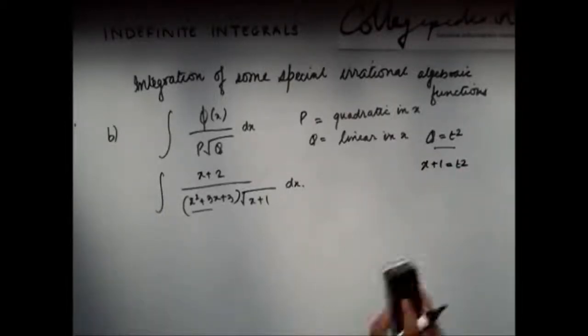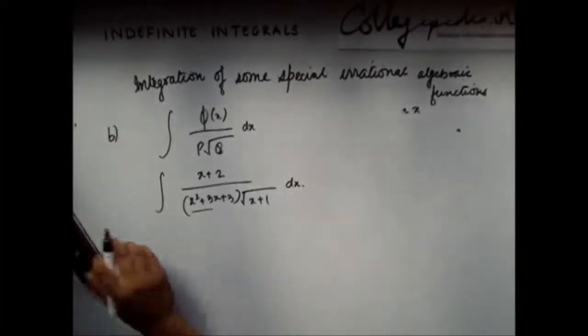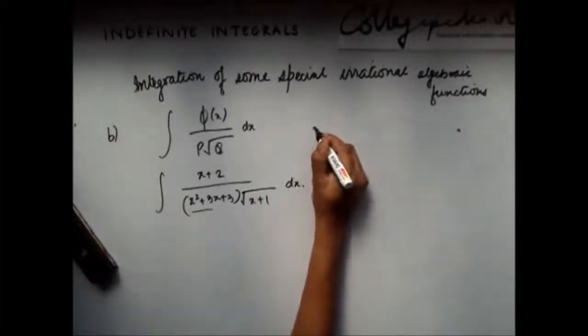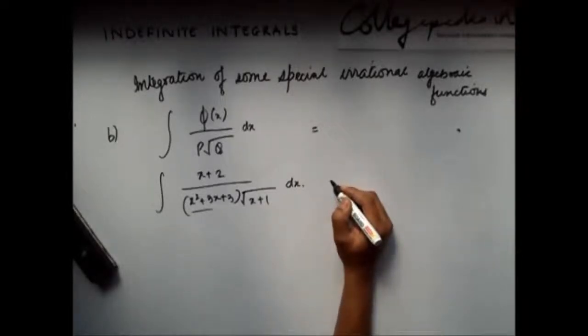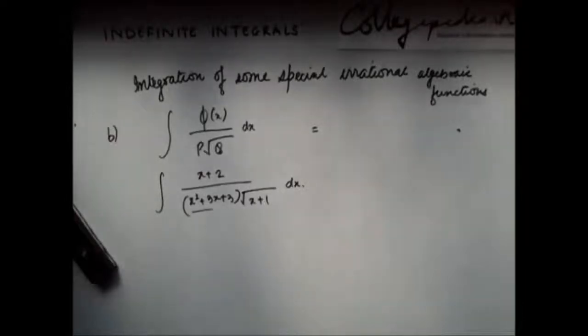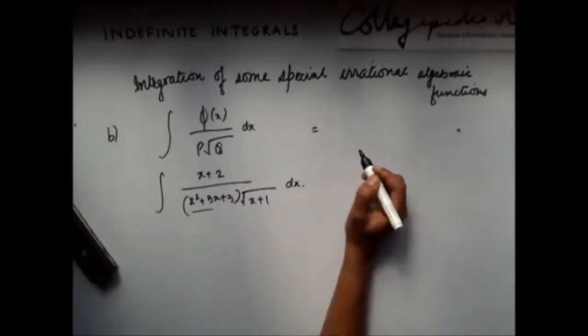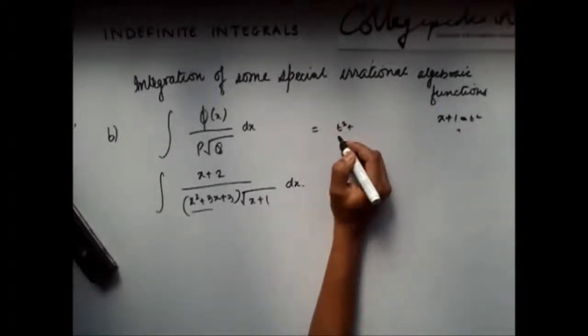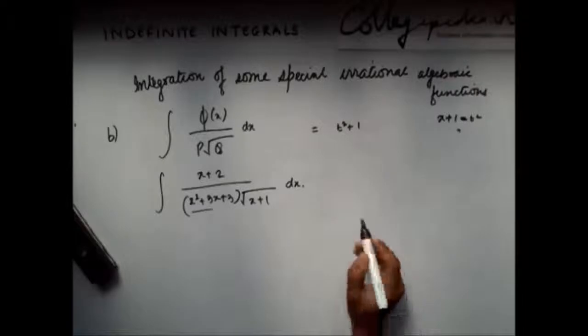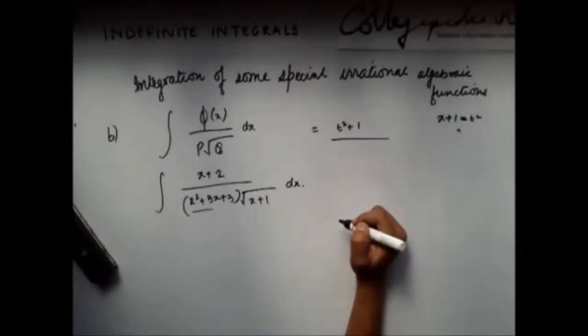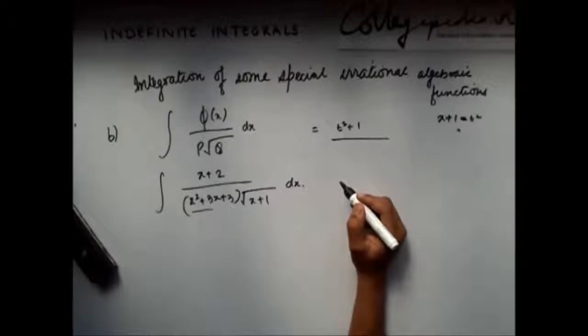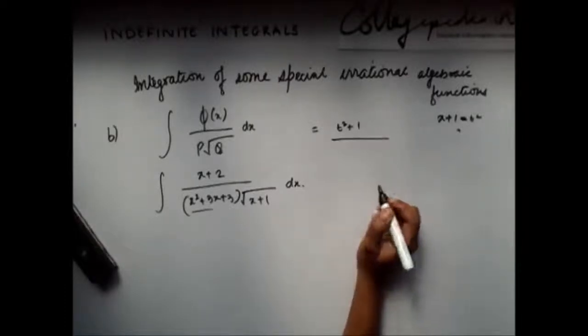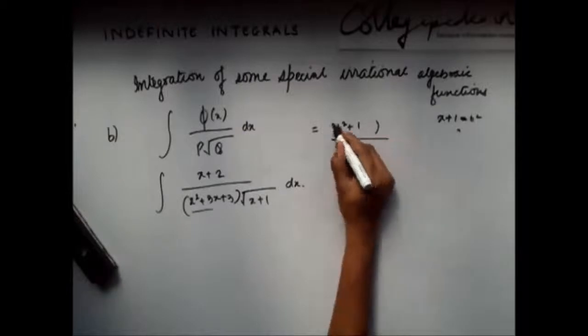After you substitute that, you tell me what this integral gets converted into. See, you write x plus 1 as t square. So x plus 2 becomes t square plus 1, right? Okay. And dx becomes 2t dt.